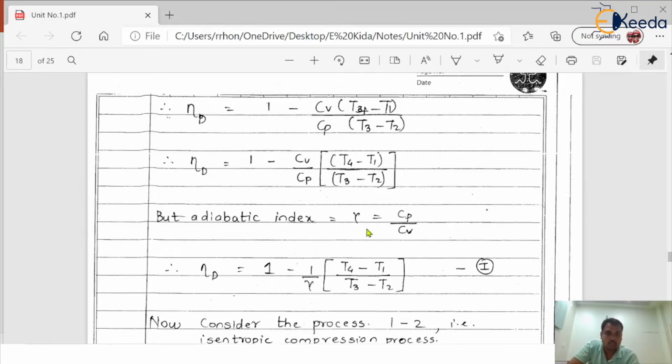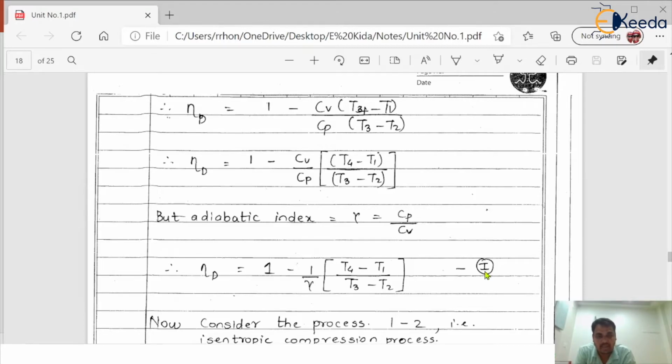So let us consider gamma is equal to Cp by Cv. Put that in the equation. Cv by Cp is present here, so you can convert the denominator to the numerator, and we can write Cv by Cp replaced by 1 by gamma. The equation becomes 1 minus 1 by gamma into (T4 minus T1) divided by (T3 minus T2). Equation number 1.